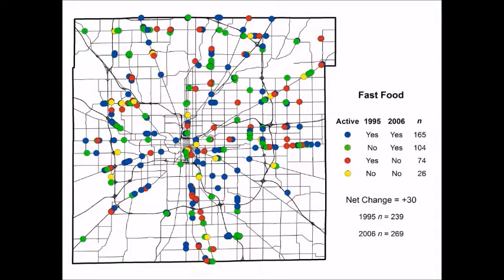And so that's essentially the only option in a lot of these different places. Within Marion County, you also saw during that same time period an increase of 30 fast food restaurants within the county. When we look at these areas that have high change, in which they're having increases in body mass index, a lot of this is proximity to fast food restaurants, especially when those are the only options.